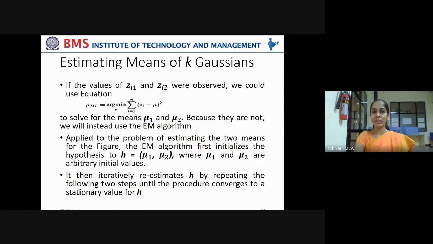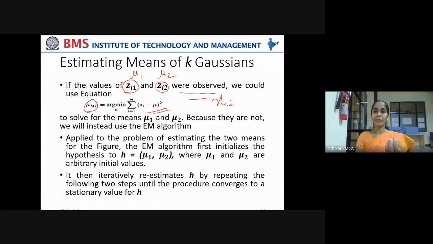Now, if the values of zi1 and zi2 were observed, we could use this equation. If at all they are observable, we could normally use this equation. Our maximum likelihood of zi1 or zi2 depends on the mean of which distribution, either mu1 or mu2, the mean of the first distribution or the mean of the second distribution, has the maximum likelihood to have generated the sample point xi.